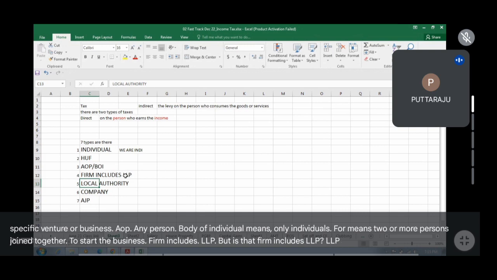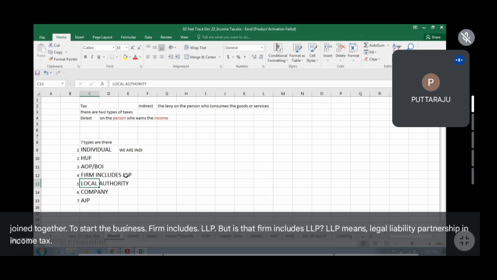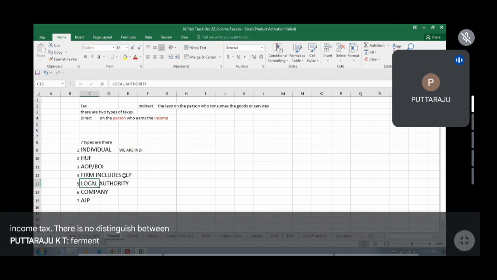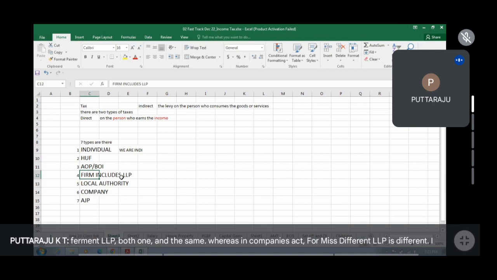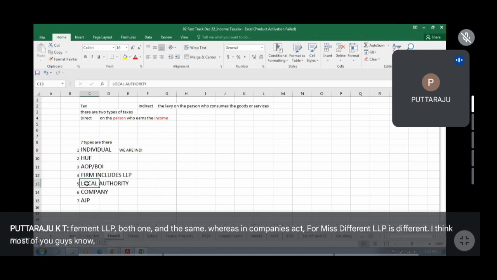LLP means limited liability partnership. In income tax, there is no distinction between firm and LLP, both are one and the same. Whereas in the Companies Act, firm is different, LLP is different. I think most of you know. Okay. Next, local authority means the authority which controls specific rural areas.